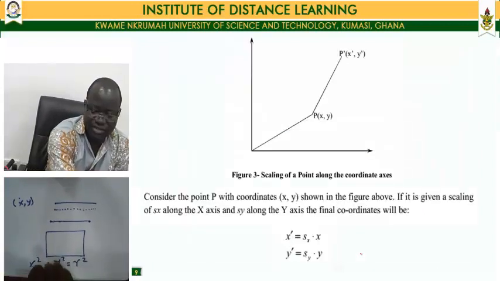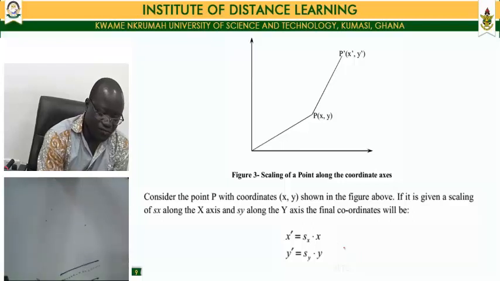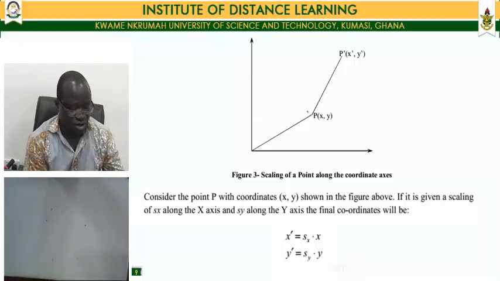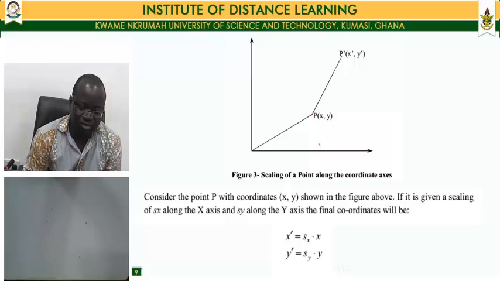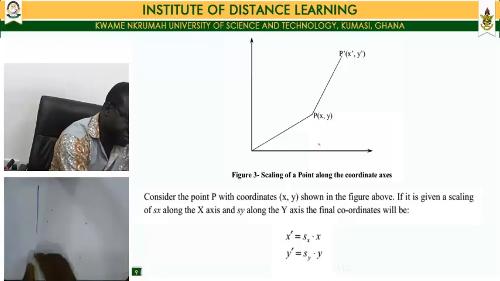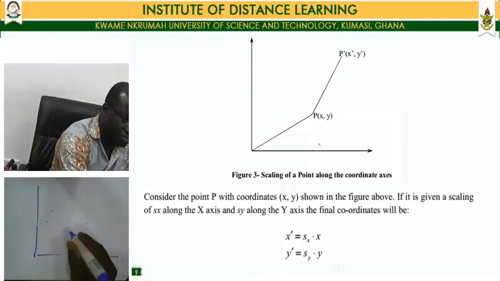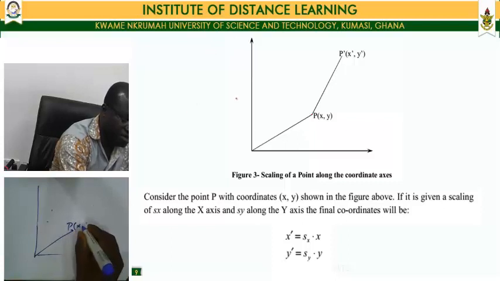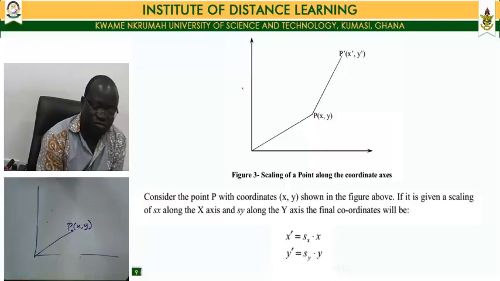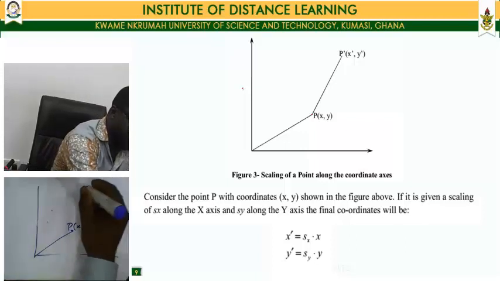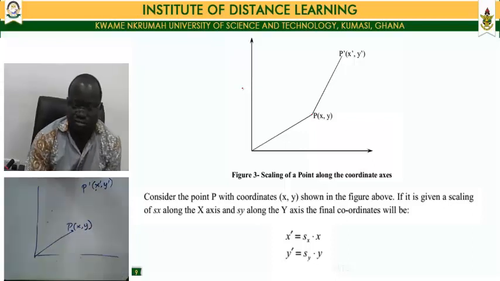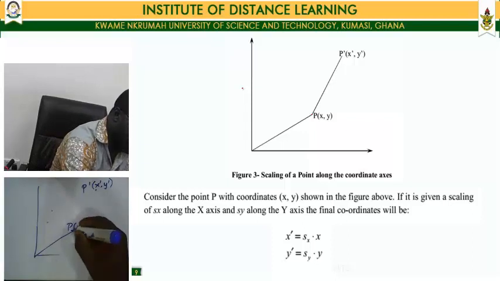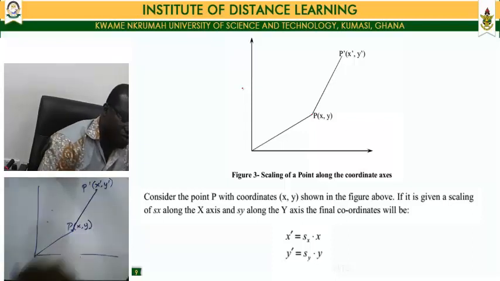Now, if we undergo some transformation of this point P (x, y) into a new point P prime with coordinates x prime, y prime, so we undergo some transformation, and this is what we get for a new position.